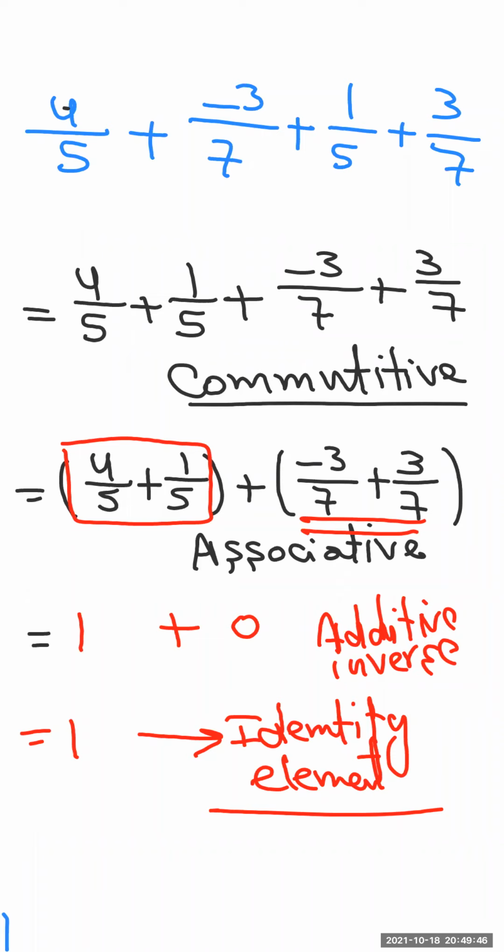At least two numbers are the same so that we replace the numbers by commutative, group like numbers by associative, add a number and its additive inverse, a number plus 0 by identity element, and so on. Because this question tests your understanding of the addition properties. That's it.